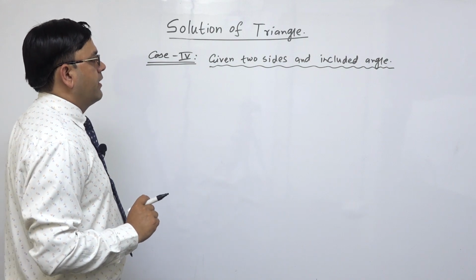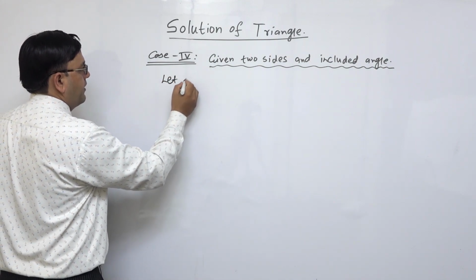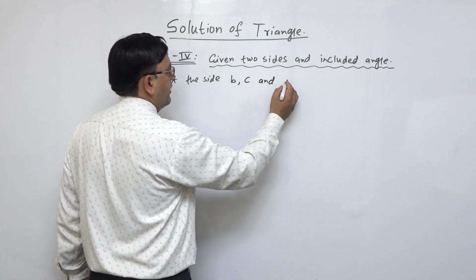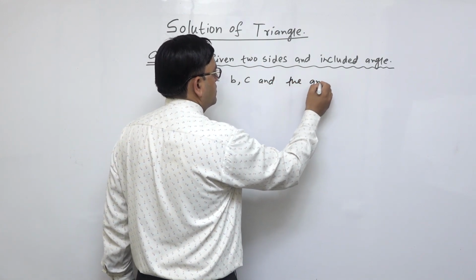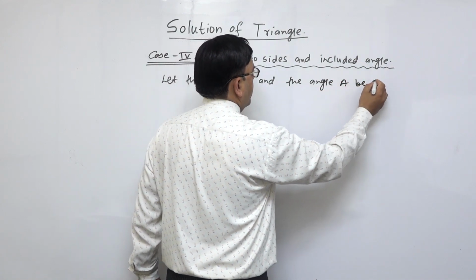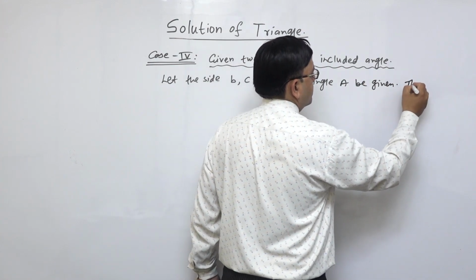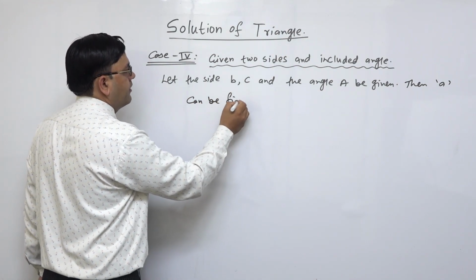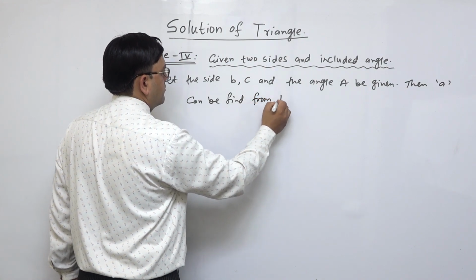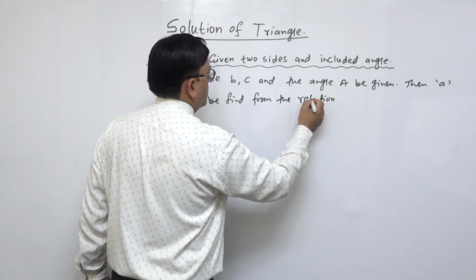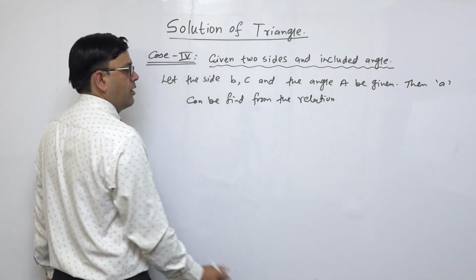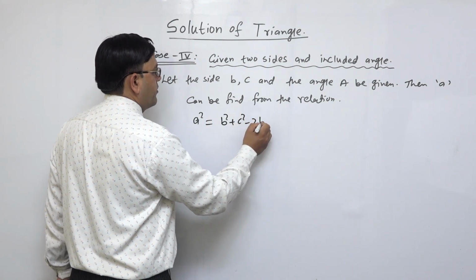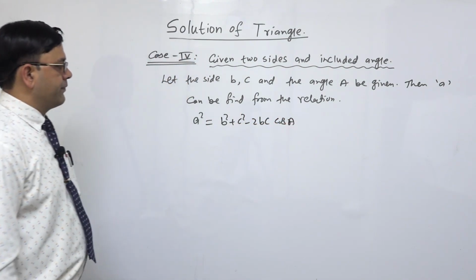Let the sides b and c and the angle A be given, then a can be found from the relation a square is equal to b square plus c square minus 2bc cos A. This is the relation.